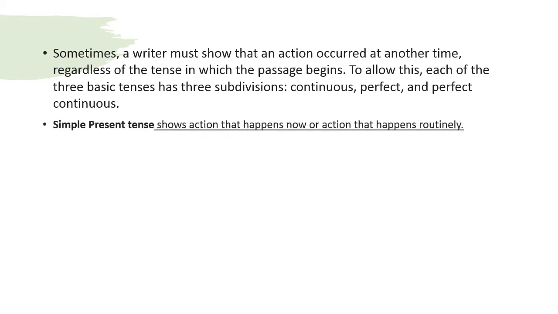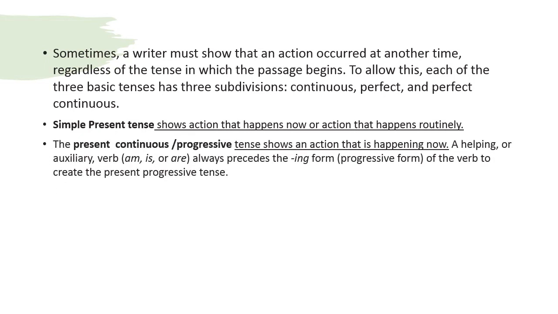So let's try to understand this using the case of present tense. Present tense can have simple present tense and also three other subdivisions: present continuous, present perfect and present perfect continuous. Now the simple present tense shows action that happens now or actions that happen routinely. The present continuous, which is also called the present progressive form, shows an action that is happening only now.